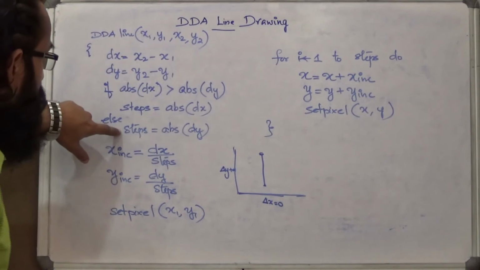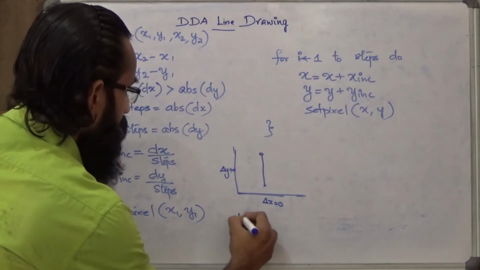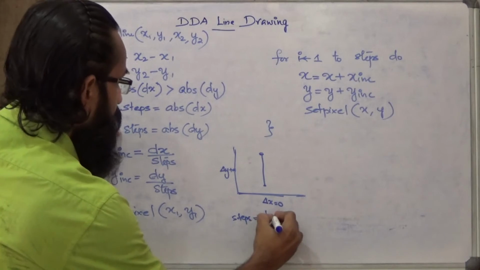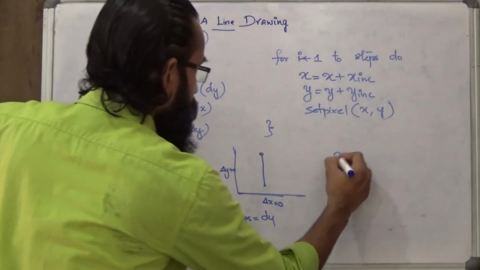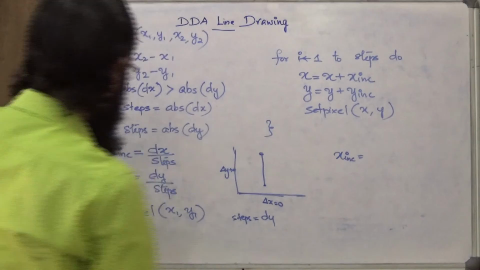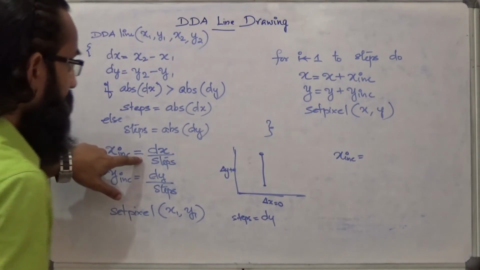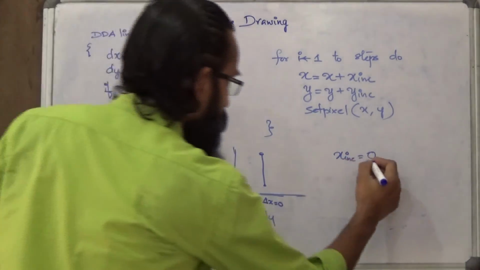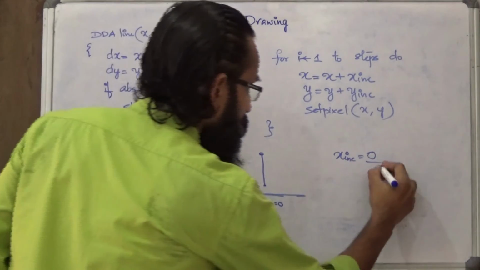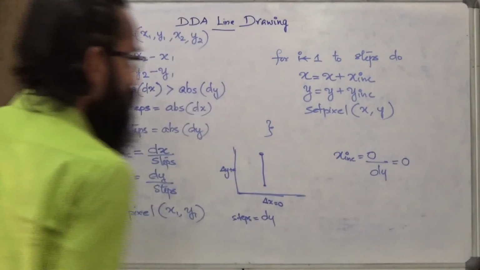Condition fails. So steps will be equal to dy, and you will be computing x increment. X increment is equal to dx by steps. So 0 divided by dy. So this will be equal to 0.